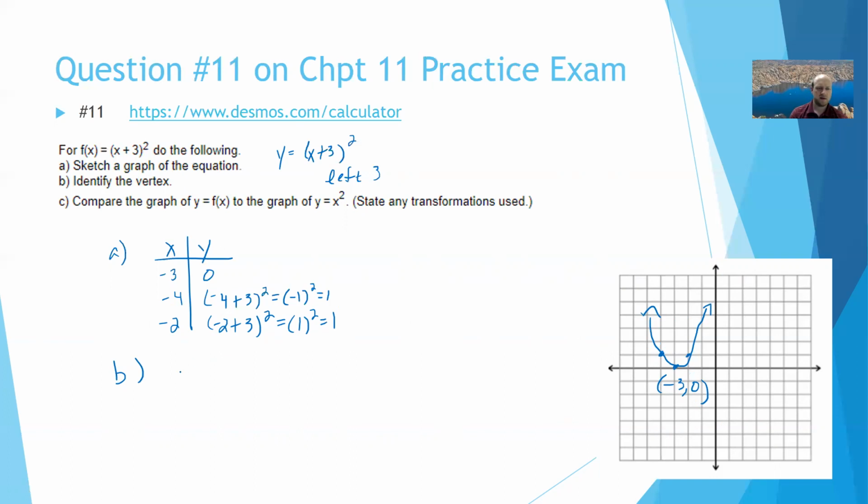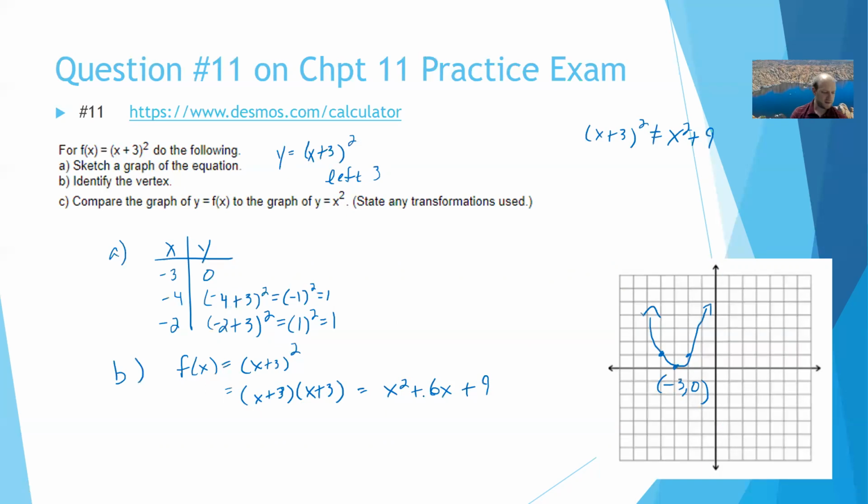Now if you really wanted to, if you totally forgot everything on the transformations and translation, you could take this function and FOIL this out. So what does (x plus 3) squared mean? Well, by the way, it doesn't mean x squared plus 9. Okay, it means we have to multiply this out twice. So we take x plus 3 times x plus 3, which is x squared plus 3x plus another 3x, which is 6x plus 9.